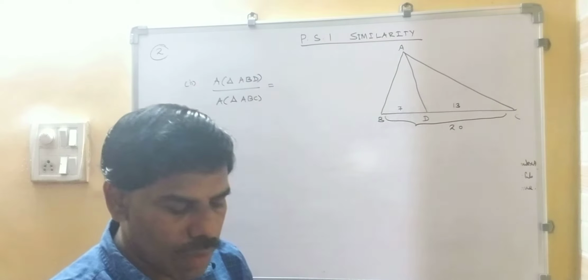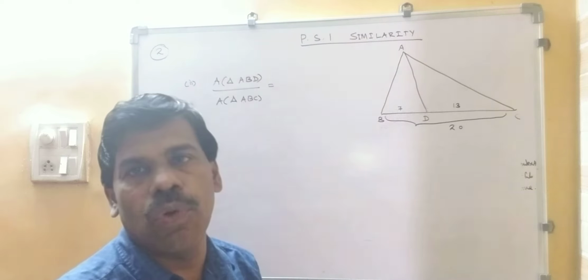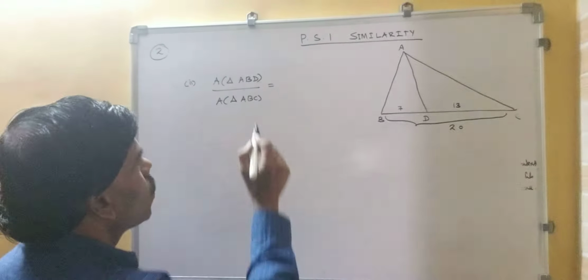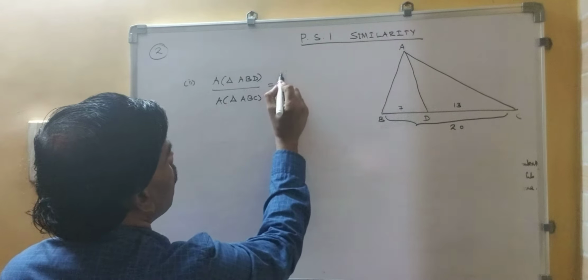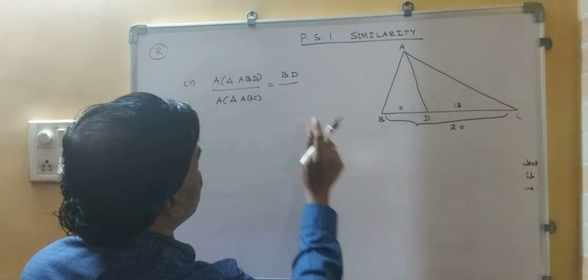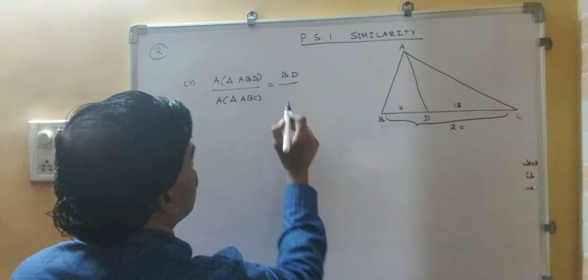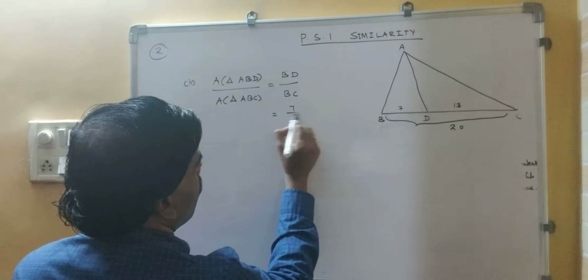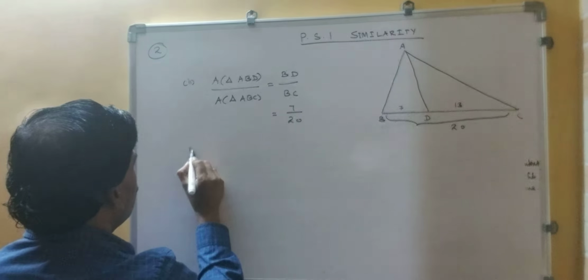Therefore, their heights are the same, and their areas will be proportional to their corresponding bases. What is the base of ABD? BD. What is the base of triangle ABC? BC. So, 7 upon 20.